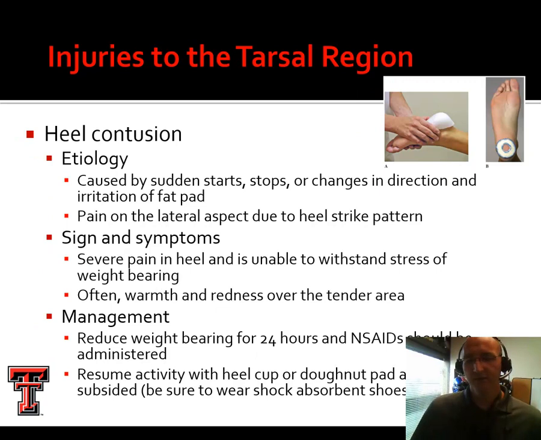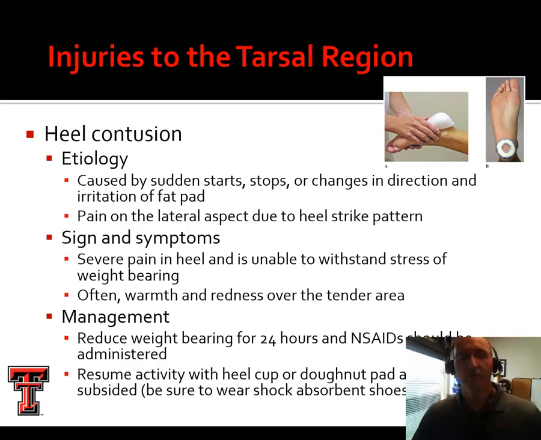Okay, heel contusion, heel bruise. Here we see an individual, usually they'll either land forcefully from a jump, or sometimes this is called a stone bruise. They'll actually have a rock in their shoe, and it will result in a bruise to the soft tissue of the foot. They will oftentimes have pain at heel strike. This can be really debilitating.